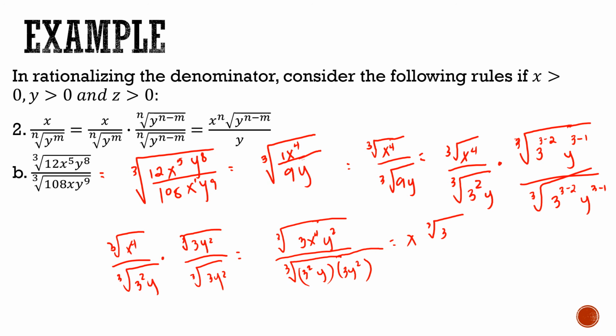So we will just simply write x y squared over, multiplying this, the cube root of 3 cubed y cubed. Simplifying, we have x cube root of 3xy squared over 3y.